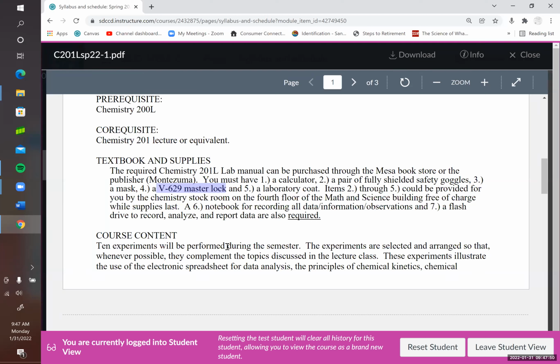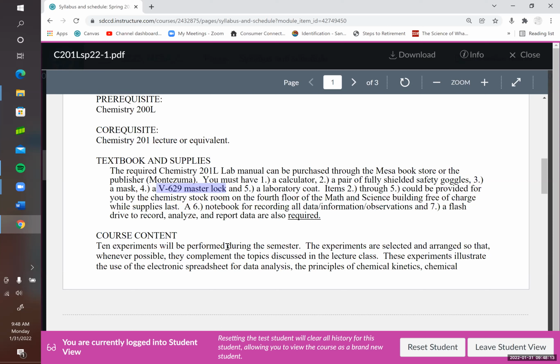You're going to need a laboratory coat, and all of those items, except for the calculator, may be provided by the stock room. It depends on if they have any extra from last semester.